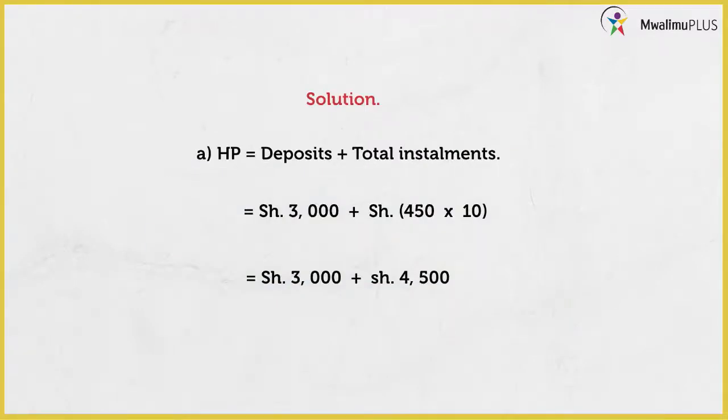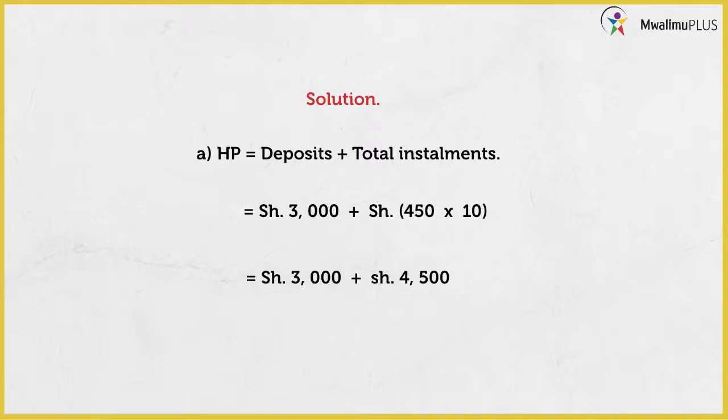Hire purchase is equal to deposits plus total installments. You remember? I told you what deposits are, and I told you how you can get the total installment. You get the number of months, and then you multiply by the amount that is paid every month. So the deposit here was 3,000 shillings, according to our table.